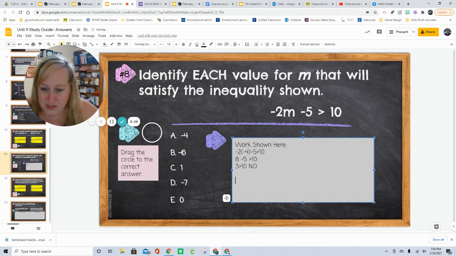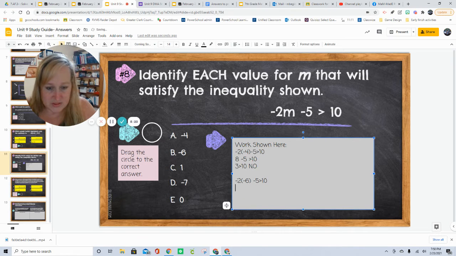We're going to try the next one. I'm going to substitute in -6. So -2 times -6 minus 5 is greater than 10. -2 times -6 is 12, minus 5 is 7, which is greater than 10?